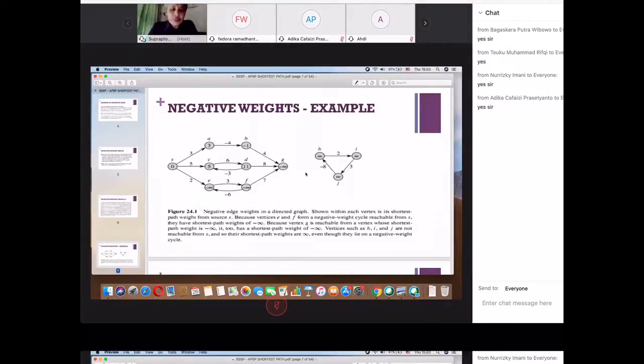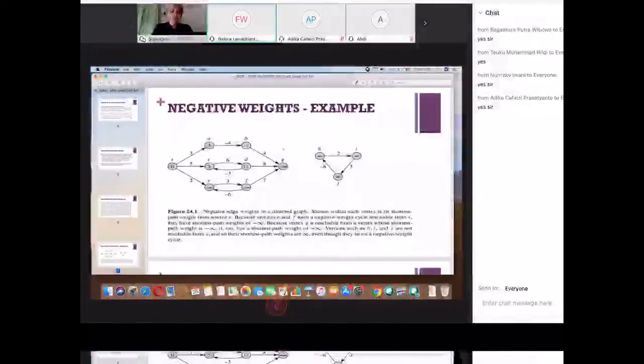The graph consists of two components, right? The left side and the right side. The left side consists of 8 vertices and the right side consists of 3 vertices. How many cycles are in the graph? There are 3, right?